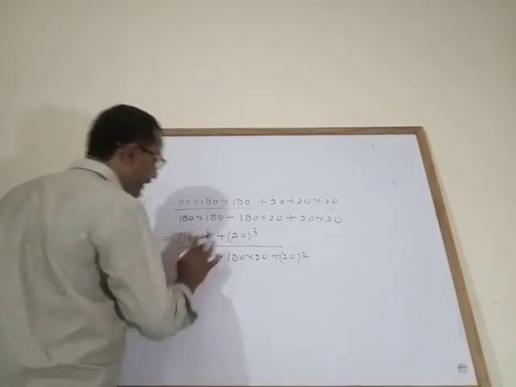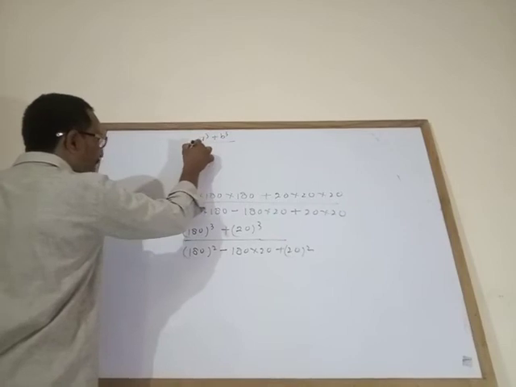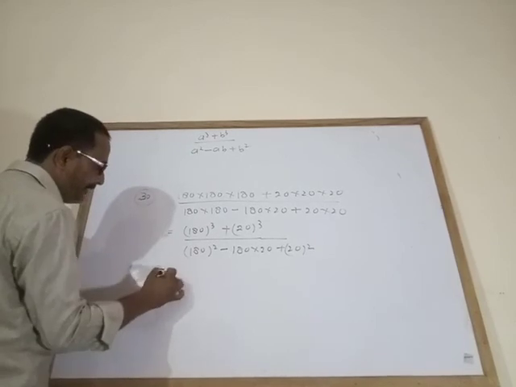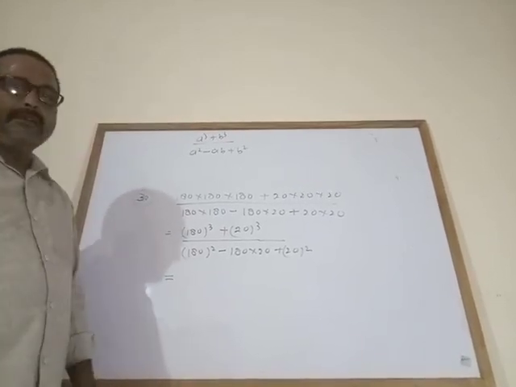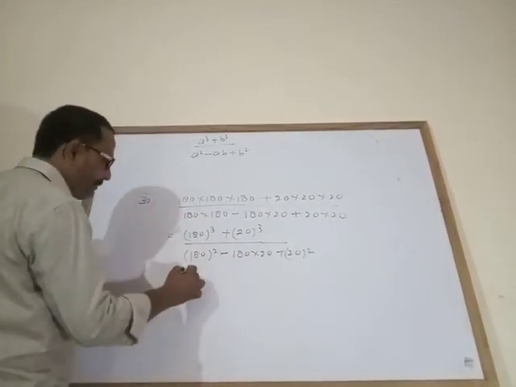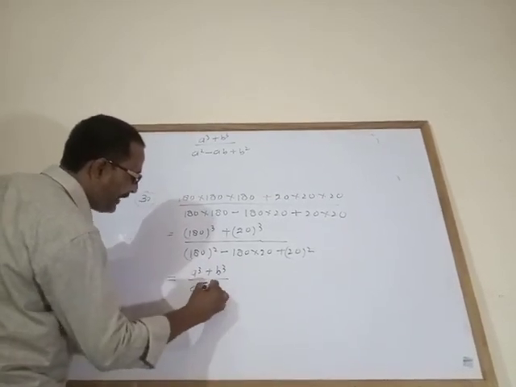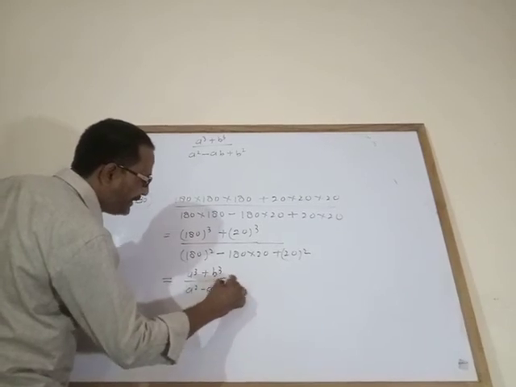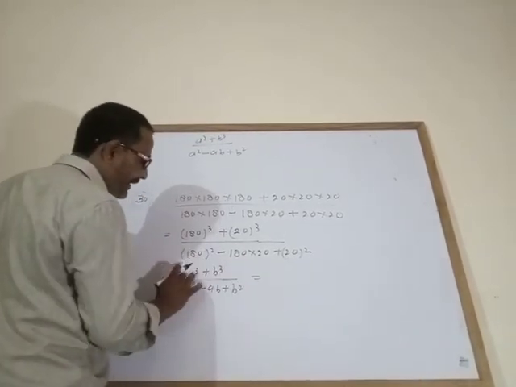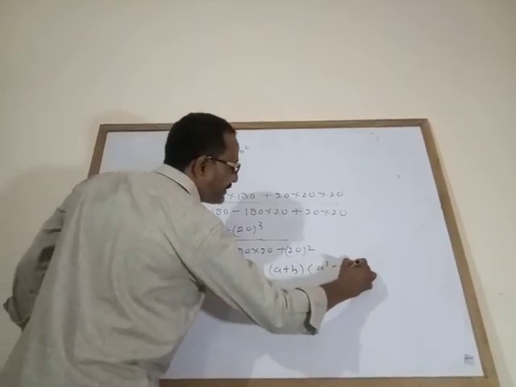Now see the formula. This is in the form of a cube plus b cube, and the denominator is in the form of a square minus ab plus b square. A cube plus b cube is a plus b in bracket a square minus ab plus b square.